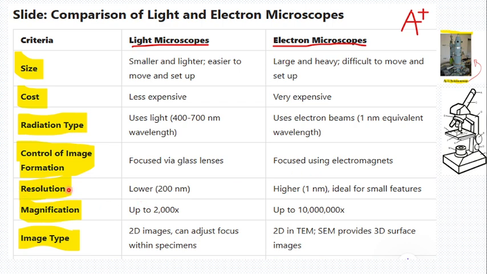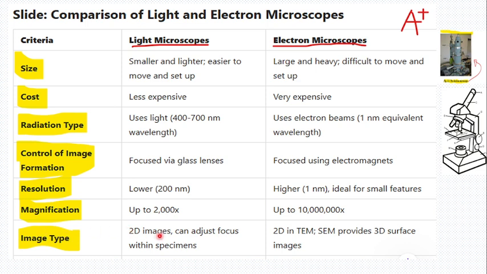What about resolution? Light microscopy has low resolution, while this one has higher, very expensive, higher resolution. Less expensive, low magnification. Highly expensive, high magnification. I hope you are understanding the difference between light microscopy and the electron microscope.